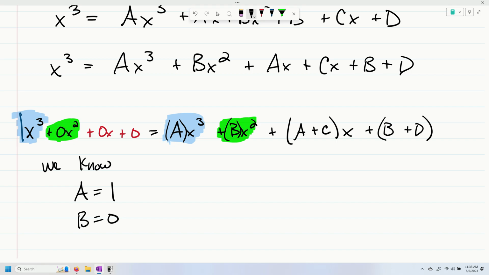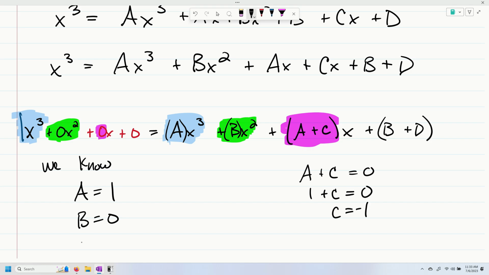So you can get through this without even setting up a matrix, just by taking your time and really understanding what's happening. We have the quantity a plus c has to equal 0, but we already know what a is. A is 1, which means c has to equal -1.